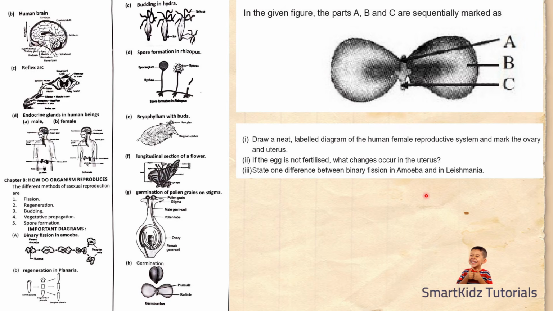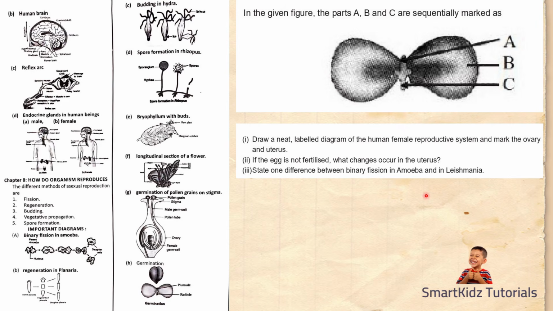So it is always in the direction of the tail of that flagellum. That is why it's in a definite orientation. That is the difference between the binary fission in amoeba and binary fission in leishmania.